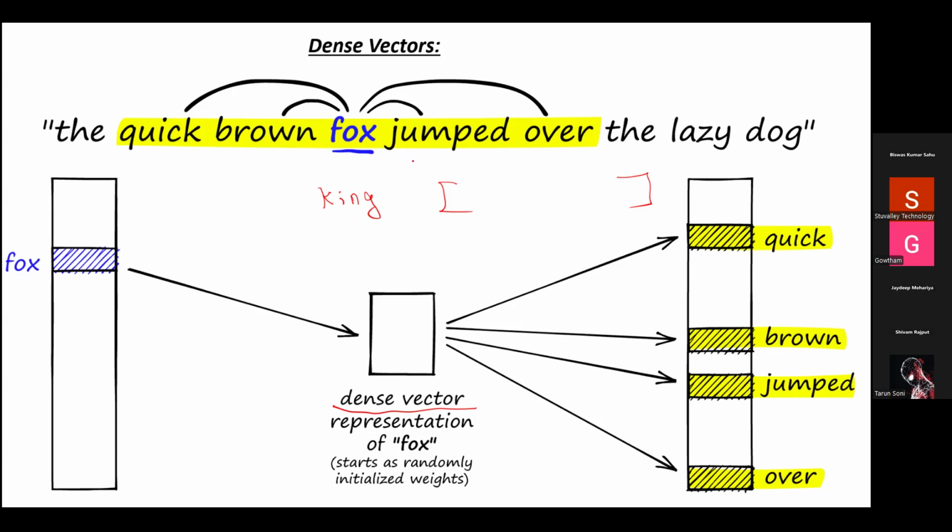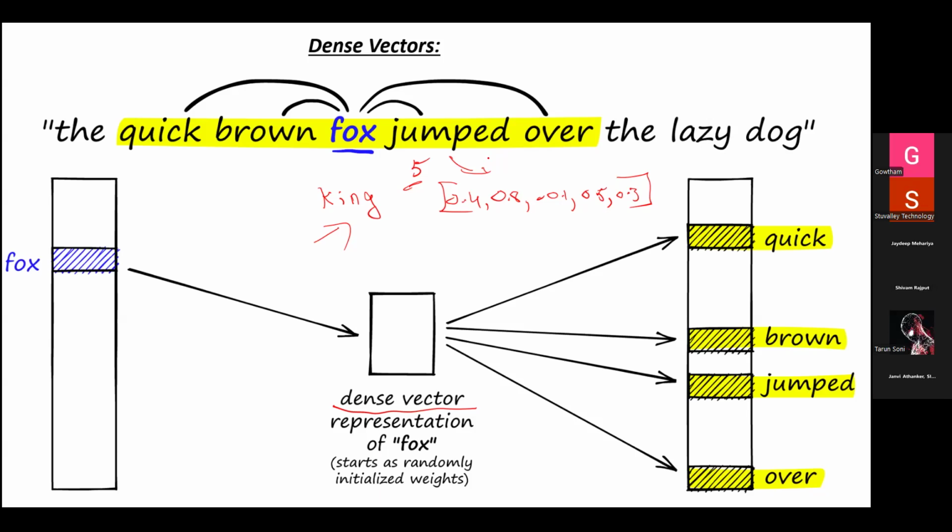According to that, you have to select the dimensions. If I'm selecting 5 dimensions, I have to write the features and observations here. So let me write something: 0.5 and 0.3. These are the representation of the word king, and you can store it in your database.